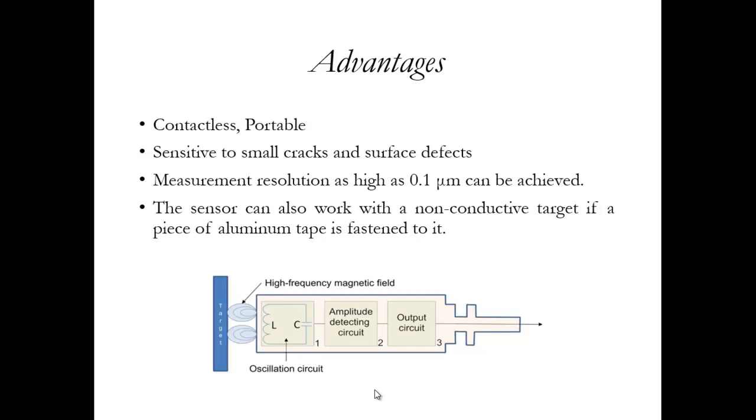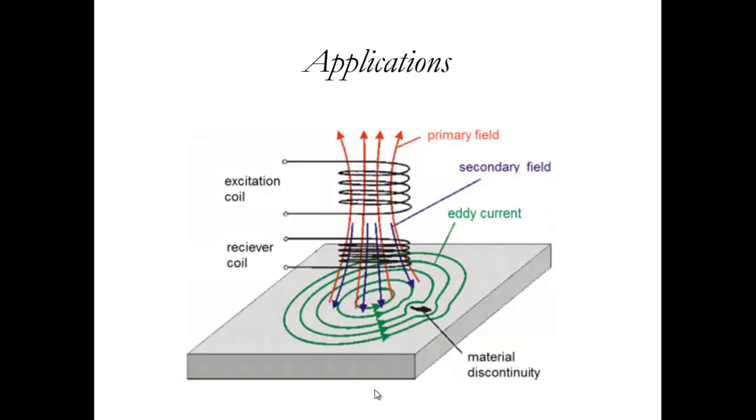And it can also work, as we have discussed, with the other kind of self-inductance or variable inductance case, where we can even have a non-conductive target to which we add some aluminum tape, or some other metallic compound, which can change the inductance of the coil. That helps us in even using plastic materials whose displacement is to be measured. So we can solve those problems with this type of arrangement.